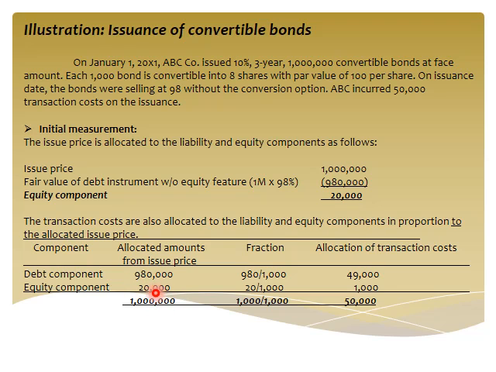So, 980 divided by 1 million, 20 divided by 1 million. I-allocate natin yung 50,000. So, 980 divided by 1 million times 50,000, 49,000 para kay liability. Para naman kay equity, 20,000 divided by 1 million times 50,000, 1,000 yung naka-allocate para kay equity component.